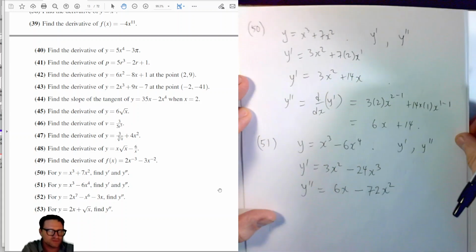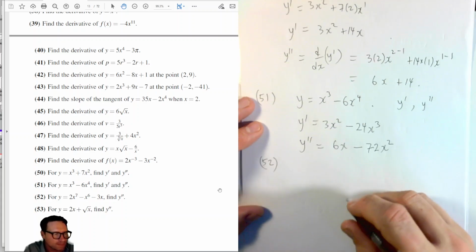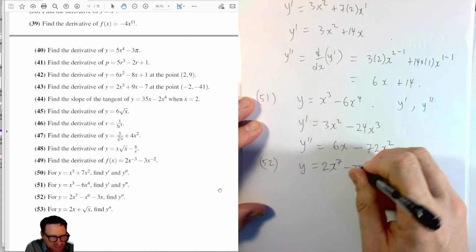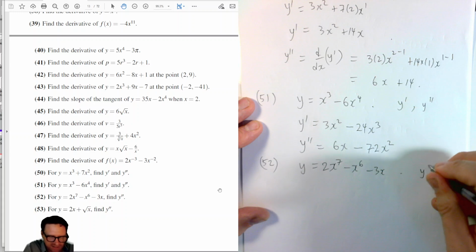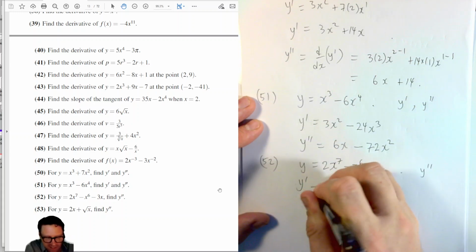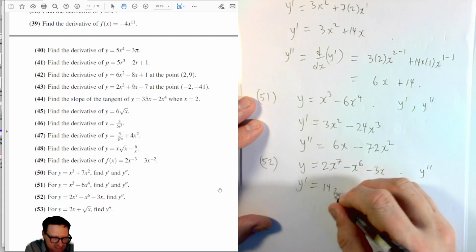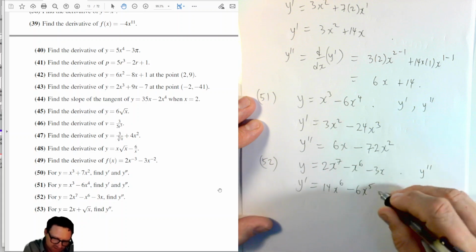Okay, question 52. y is 2x to the power of 7 minus x to the 6 minus 3x. And we've got to find y double dash. Okay, well, we need to find y dash first. Bring down the 7. 2 times 7 is 14, x to the power of 6, minus 6x to the 5th, minus 3.